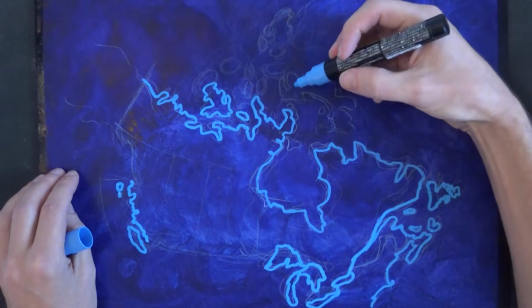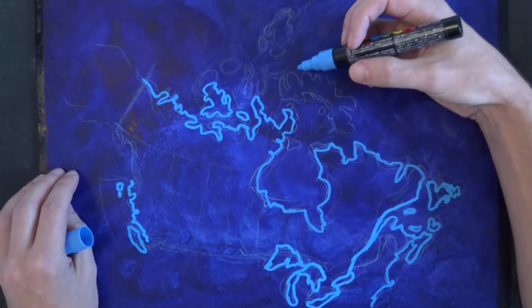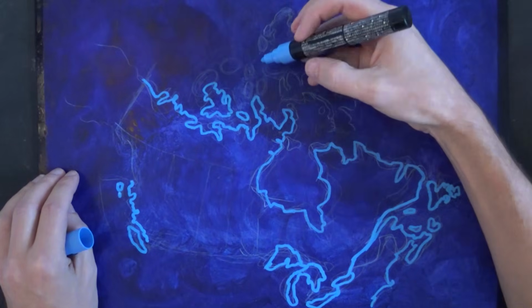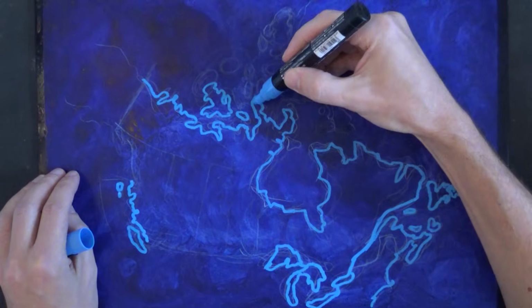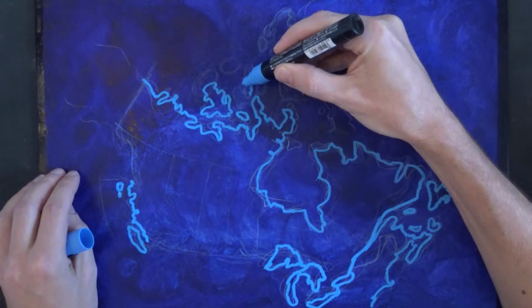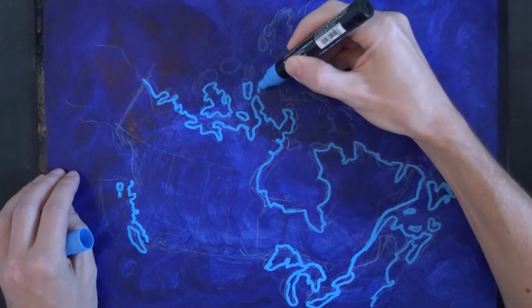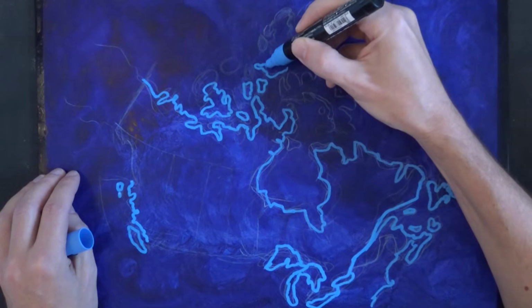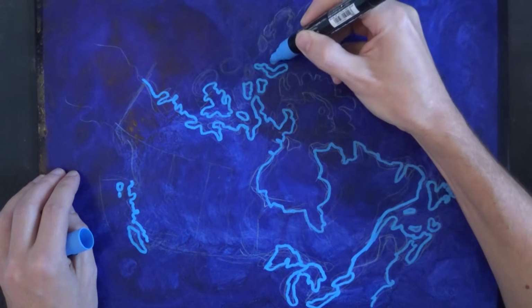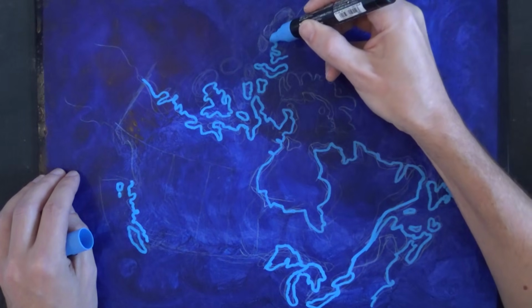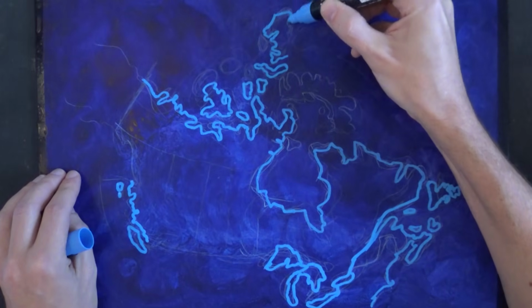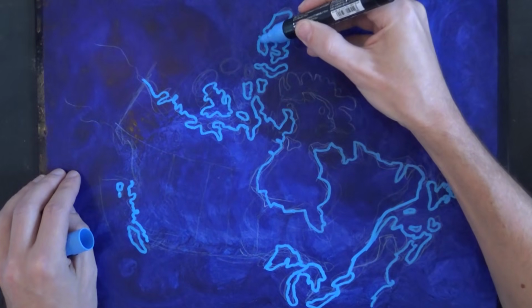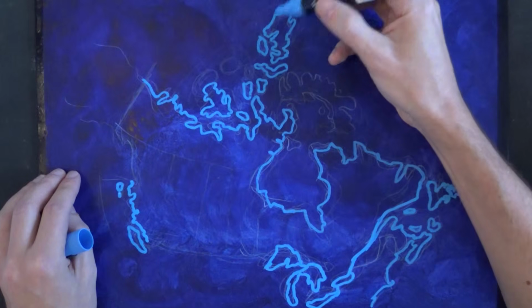Now, we have to the very north the Queen Elizabeth Islands archipelago. Axel Heiberg Island and Ellesmere Island.